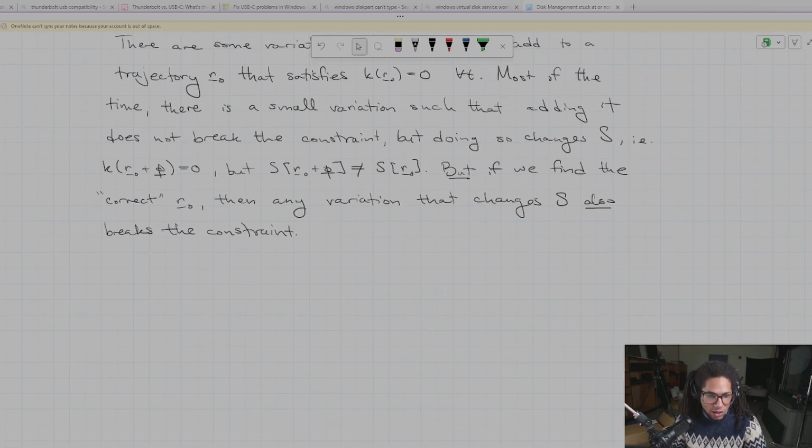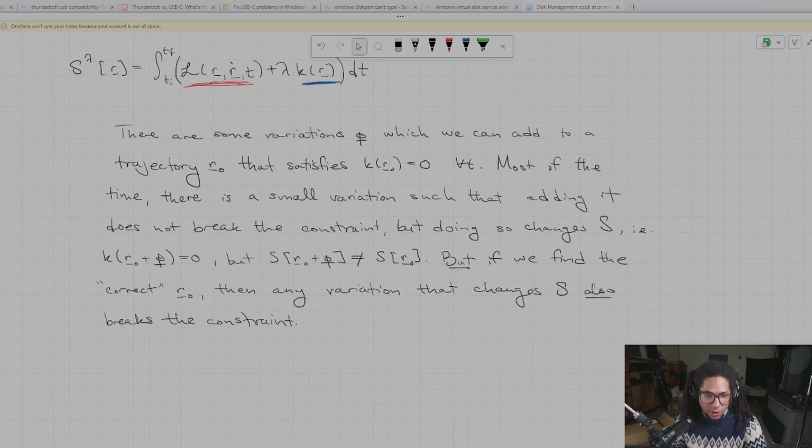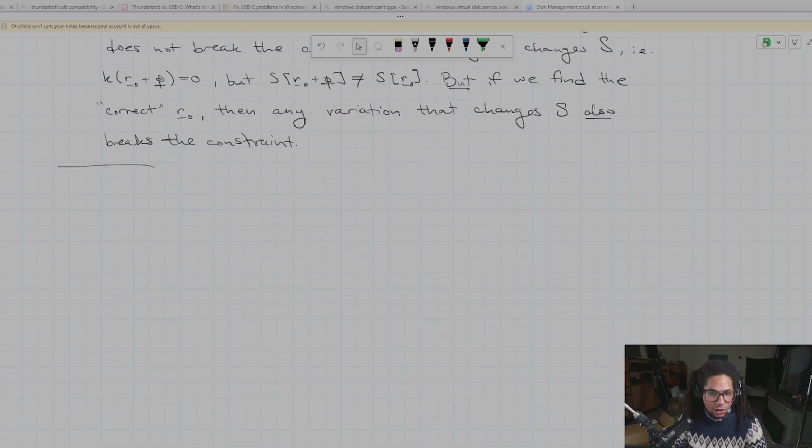All right, there's a little bit more that we could say about Lagrange multipliers, namely that they also encode constraint forces. So I'll say that and then I will end off.